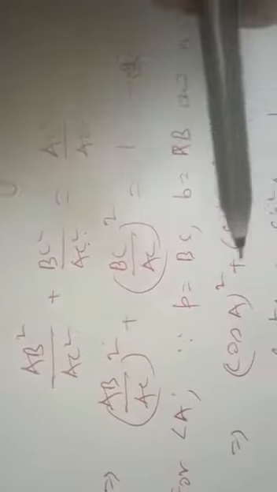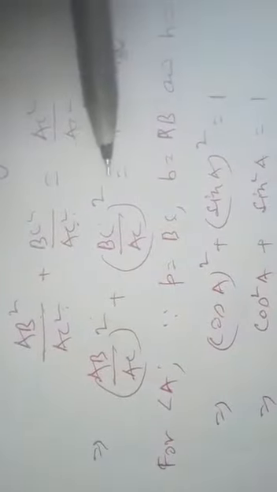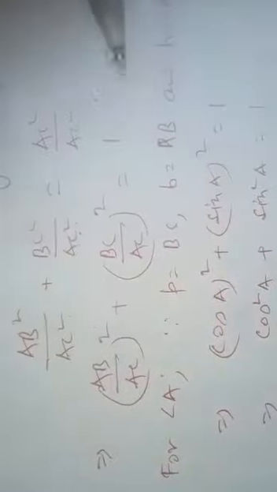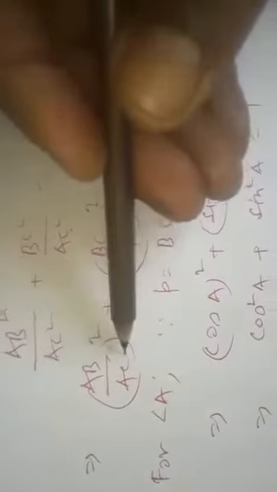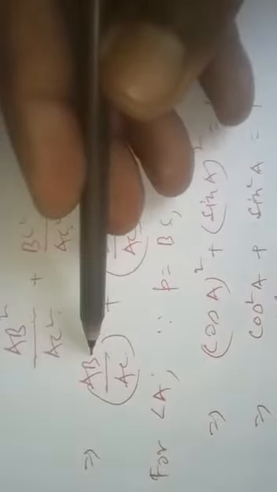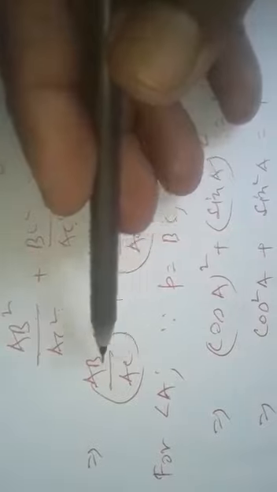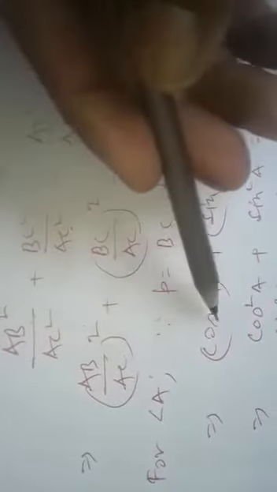Now we write for AB by AC, which is base by hypotenuse. Base is AB and AC is hypotenuse. So we know that the ratio of B and H represents cos. So we have written cos A to the whole square.